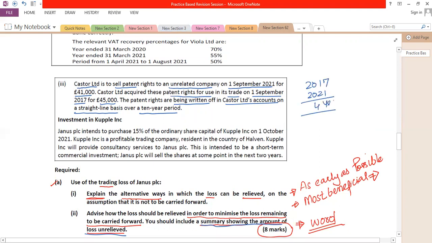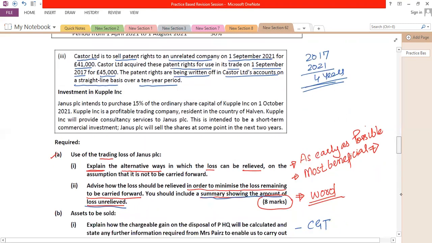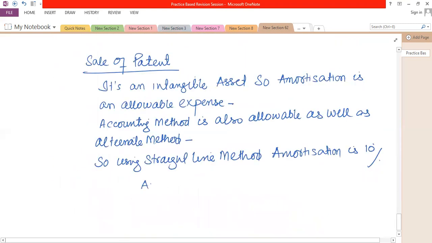So it means I have to calculate 4 years, right? I have to use the 4 years on 10% basis. Cost is 45,000. 10% is the rate, 4 years is my total amortization. So my total amortization is 18,000.